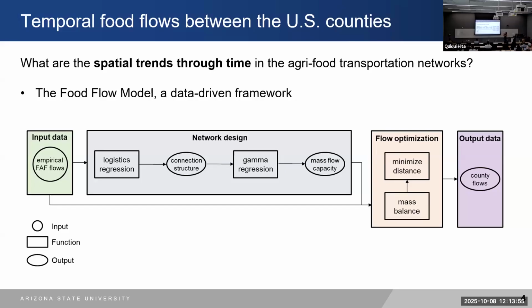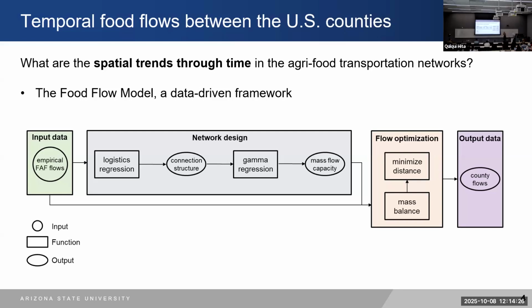Once we do that, we have a network of over 9 million links because we're looking at pairwise combinations of over 3,000 counties, right? Among those 9 million links, some are estimated to exist, some are estimated to not exist, but still, that's a lot of links. And it's probably not realistic to expect that a county in Florida will directly send food to a county in Washington state, right? These are perishable goods.